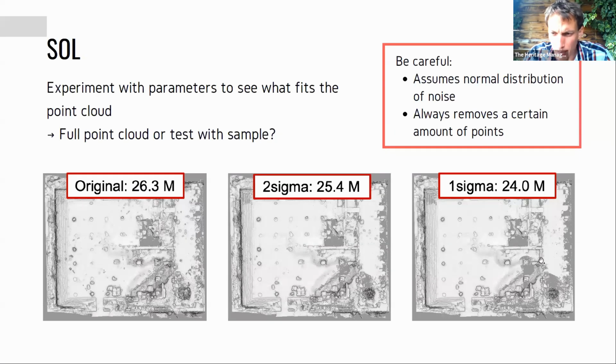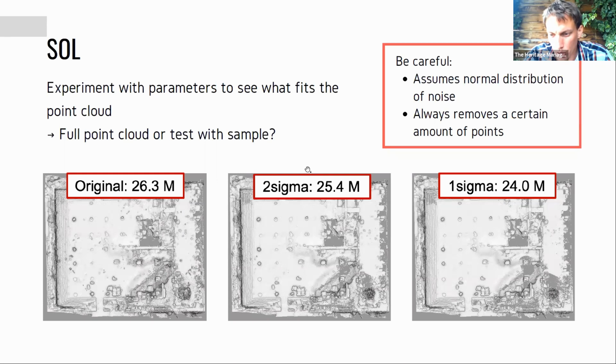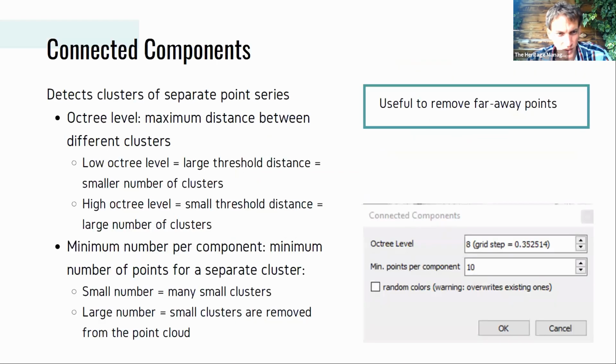And if I take 1 sigma, I have 24 million points in my final point cloud. So this sigma value is quite important as some kind of threshold value to say, okay, what points are noise and what points are non-noise. But in any case, it will always remove a certain amount of data. So you have to be very careful with this technique.